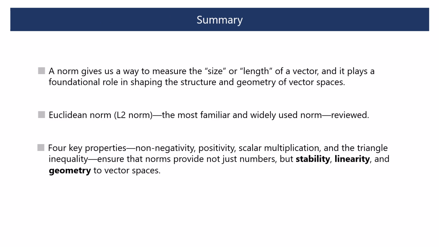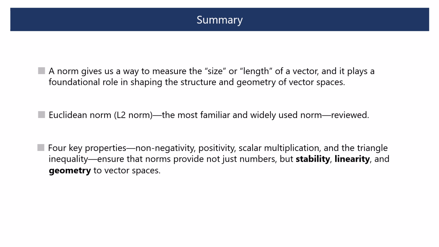Let's wrap up. This section began by understanding the definition and intuition behind norms. A norm gives us a way to measure the size or length of a vector, and it plays a foundational role in shaping the structure and geometry of vector spaces. Then, we focused on the Euclidean norm, the most familiar and widely used norm.